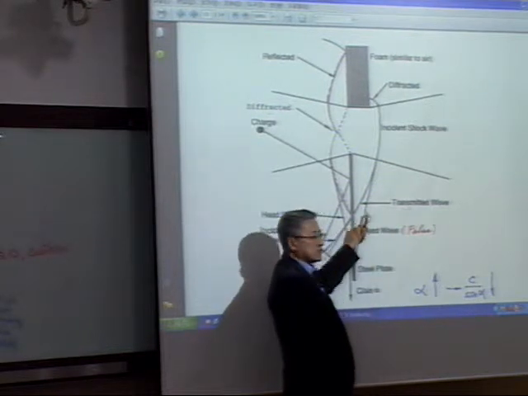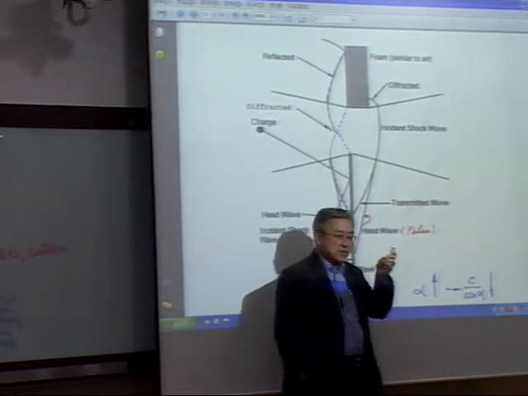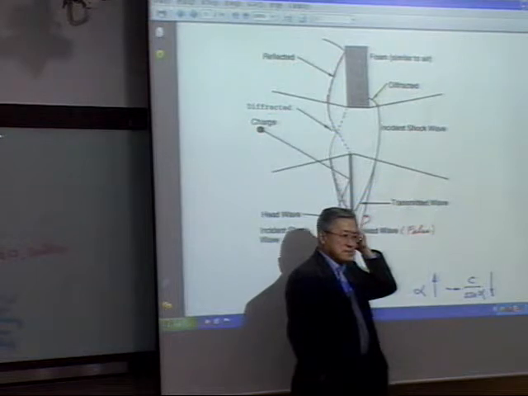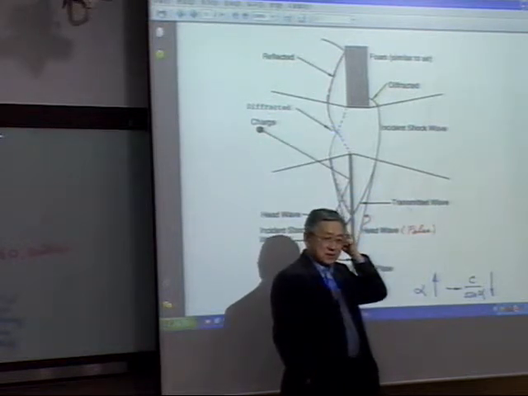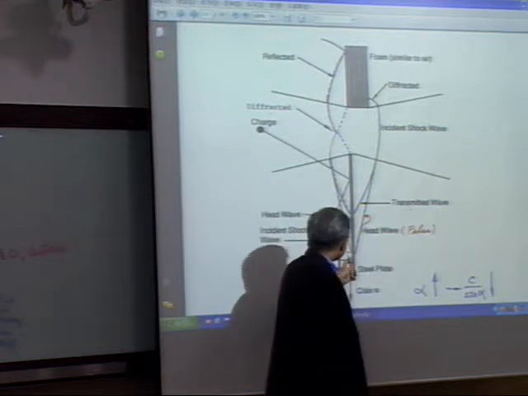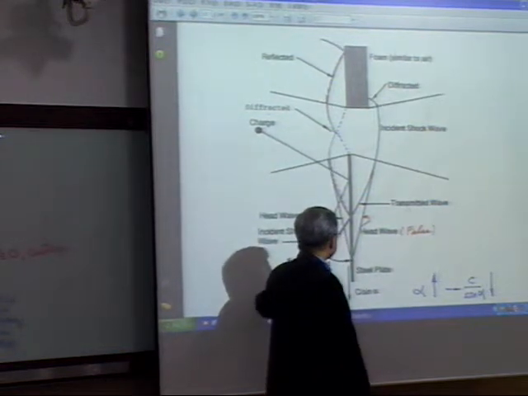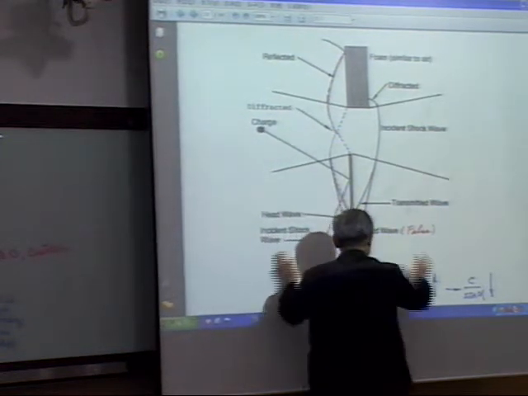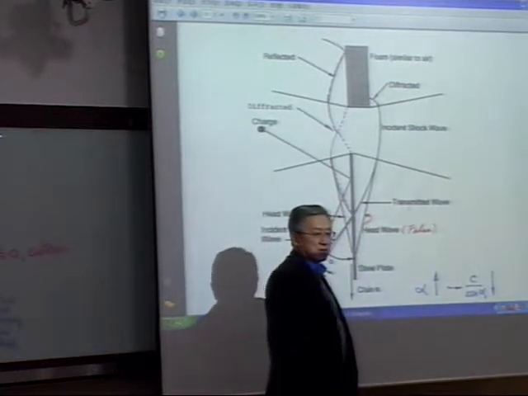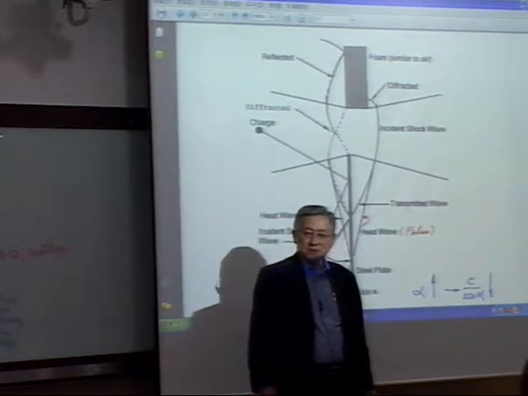This wave doesn't have strength. It's called a false wave. Okay? You got it? And the same thing happens on the other side. So this wave comes straight out. It's called a head wave or false wave.